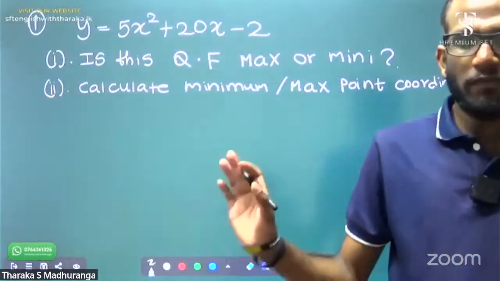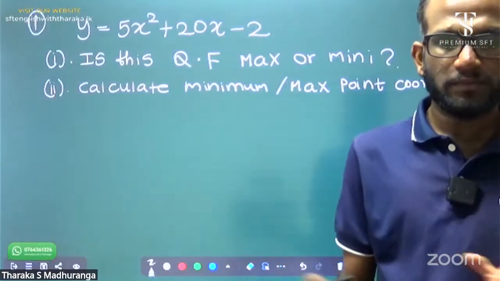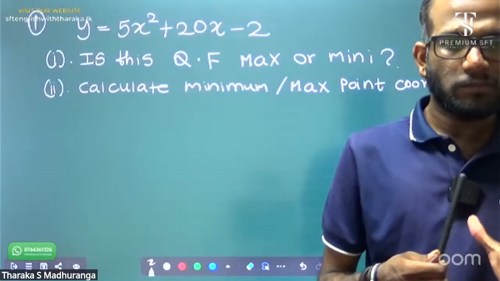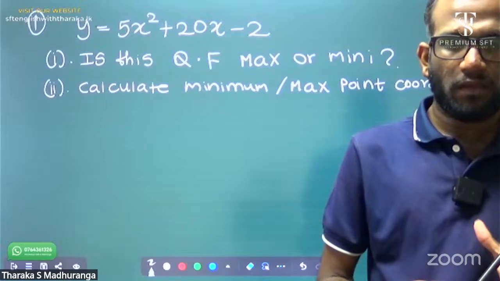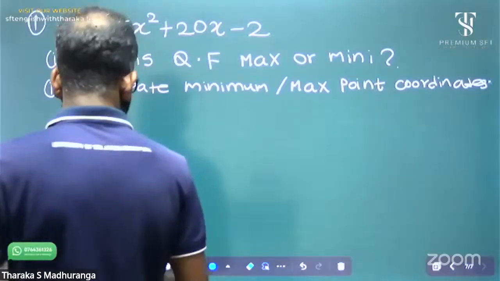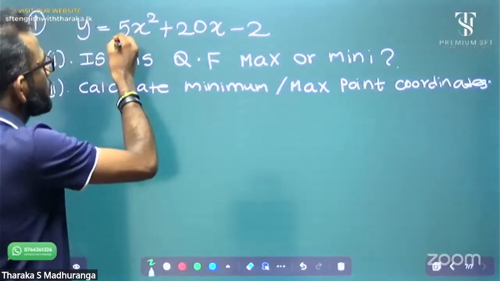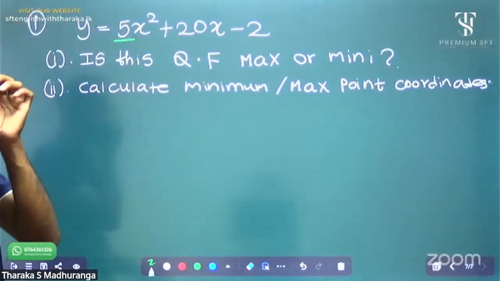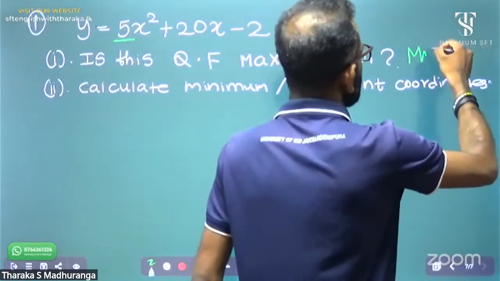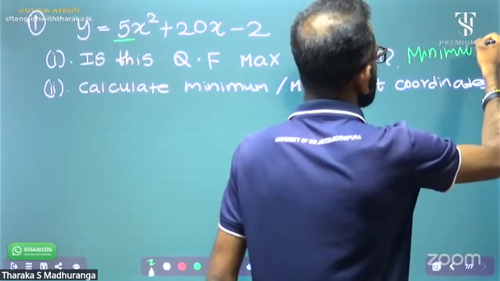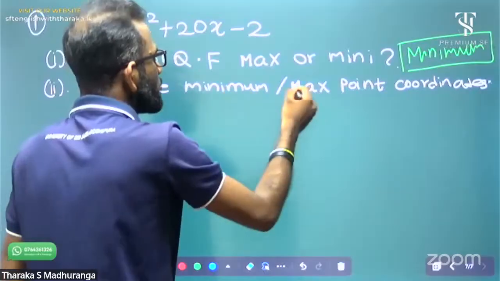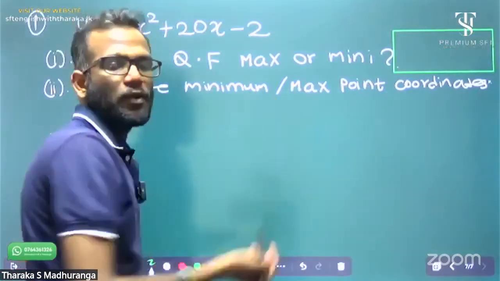First tell me what is the first part answer? It is minimum. Yes, it is minimum. How can you decide? According to the sign of the a coefficient. It is a minimum graph. Then what do you need to calculate? You need to calculate the minimum point coordinates.